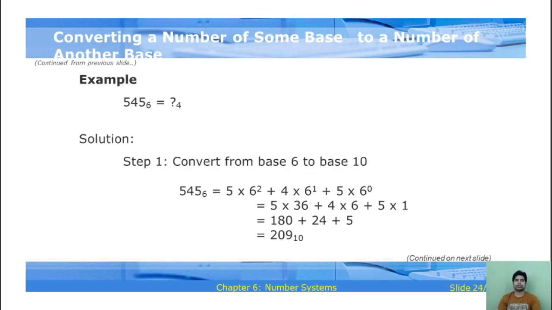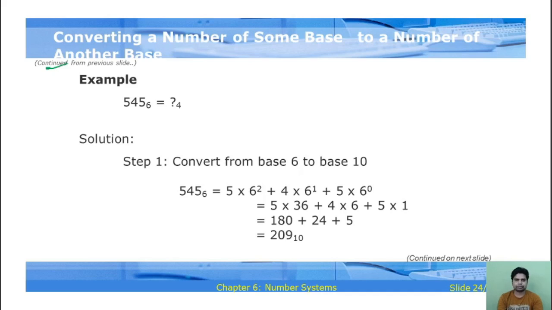Clear? Okay, next is converting a number of some base to a number of another base, with an example.